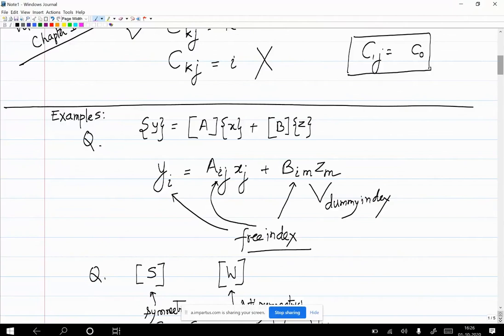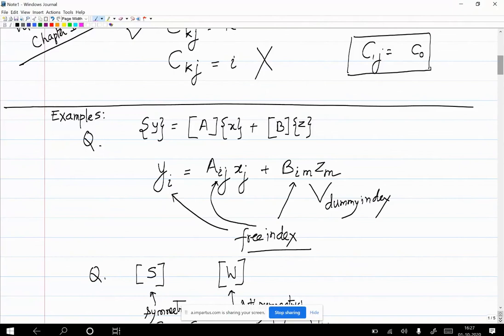So, sir, suppose I write the same thing with the summation sign instead of summation convention, and I use J and M: J for the a_ij x_j and M for b_im z_m. Then how will I come to know whether I have to keep J constant and then keep M as 1, 2, 3, or do J1 M1 and then J2 M2? Which is a better way? Should we use b_ij z_j or b_im z_m?